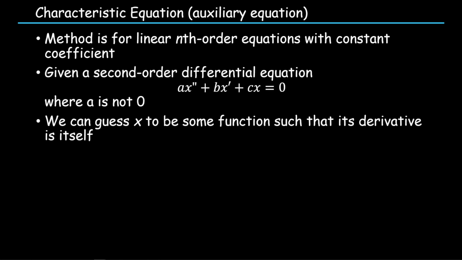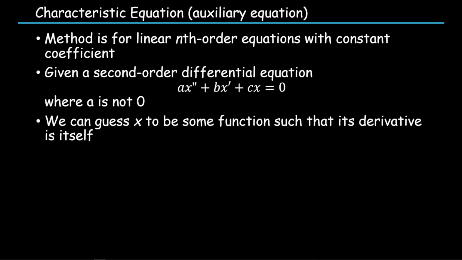And so what we can do is guess x, or function x, to be some function such that its derivative is itself. There are not a lot of functions whose derivative is itself, but it should be ringing a bell that such a function exists.